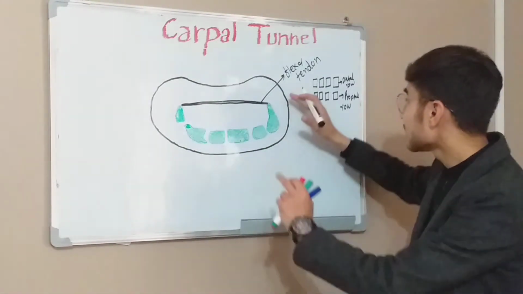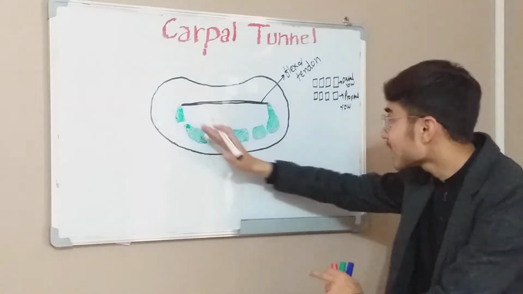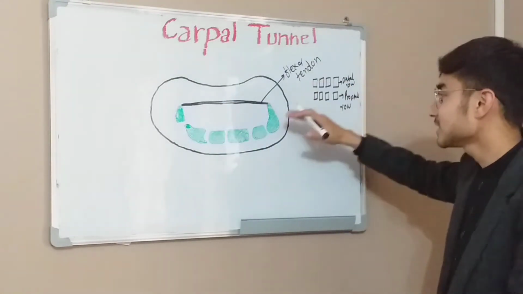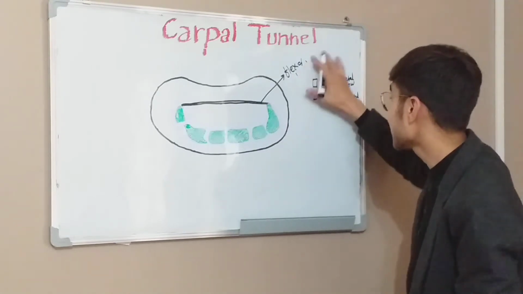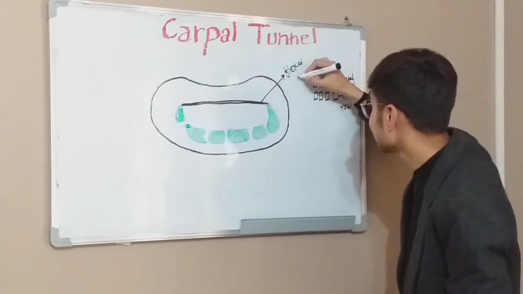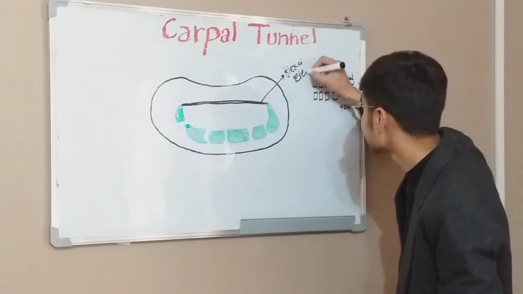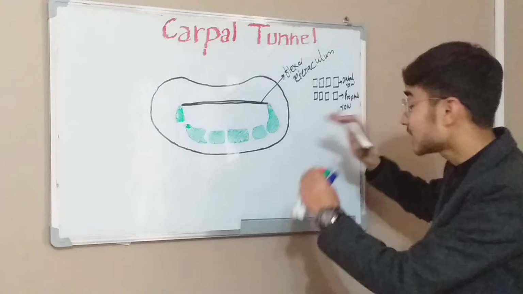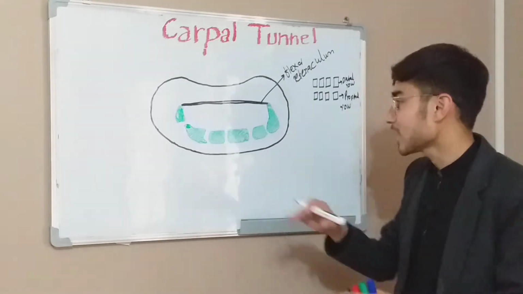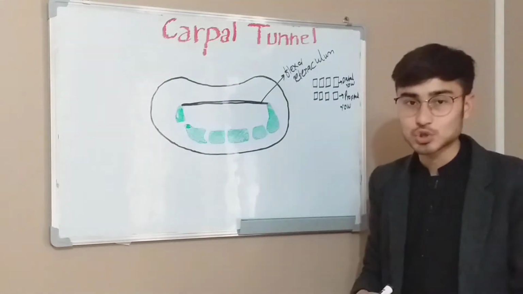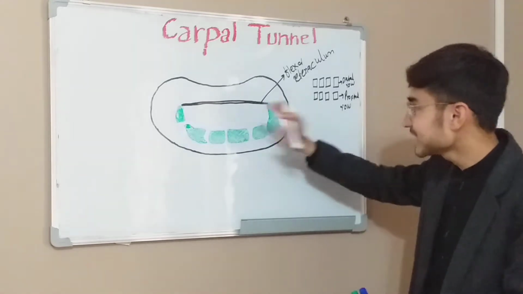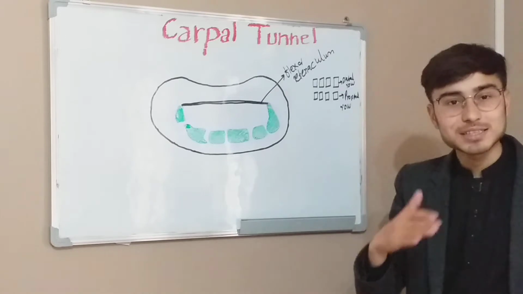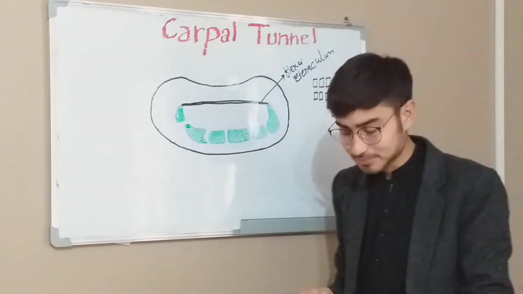So before the formation of the flexor tendon, this was just an arch, right? And after the formation of the flexor tendon, actually not flexor tendon, the flexor retinaculum, this arch is converted into a tunnel, right? And now this is called the carpal tunnel, right?